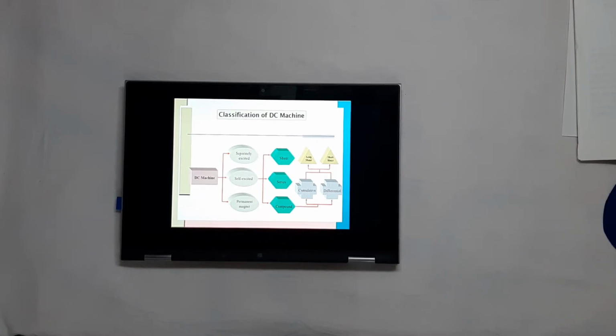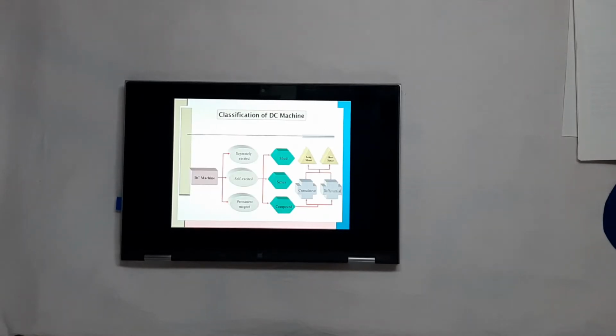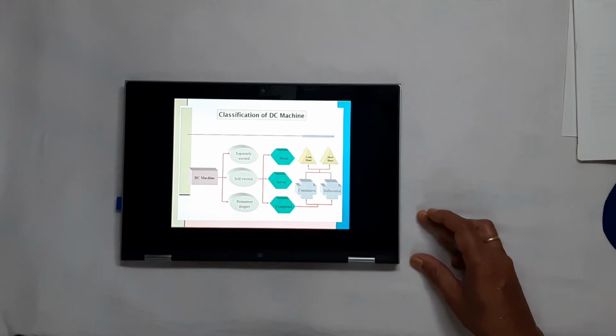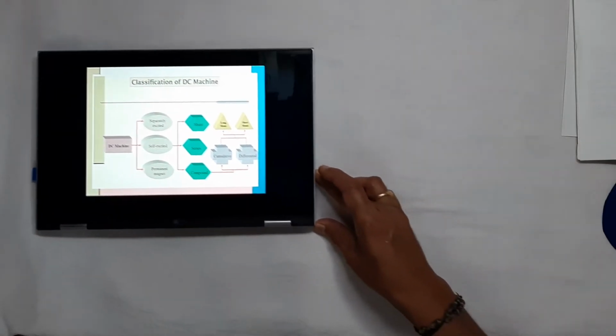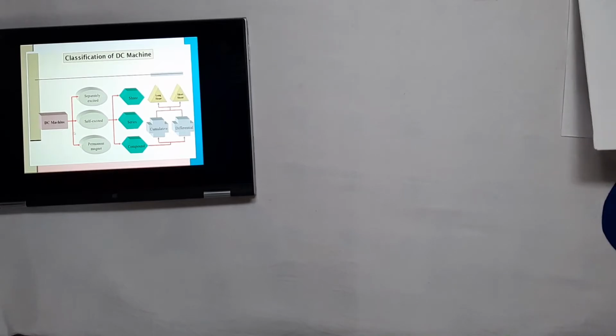Under cumulative and differential, once again it is classified into long shunt and short shunt. What we mean by this classification, we'll see in detail one by one, how they are classified based on the field connection.